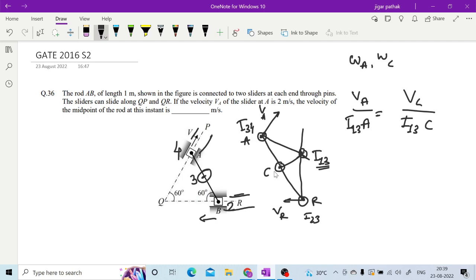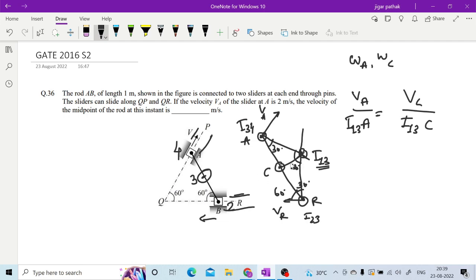Now how will you calculate this? From the geometry you have to check. Here it is 30 degree, I guess, because this is 60. Here this angle is again 30 degree, and this angle will then become 120 degree.